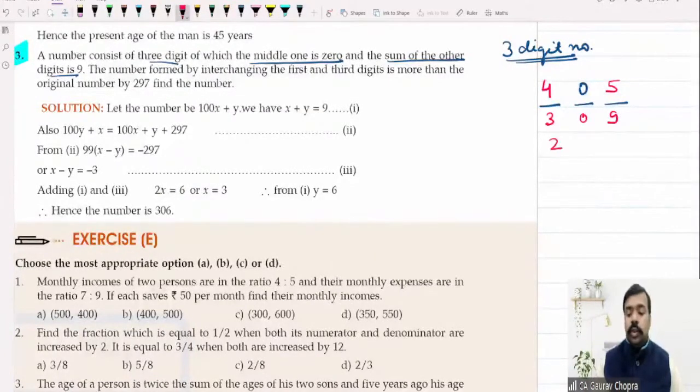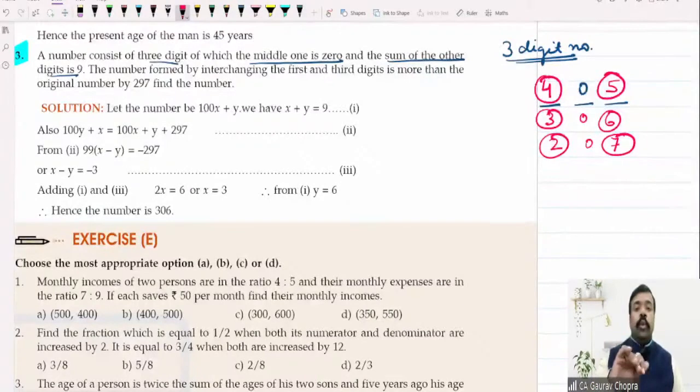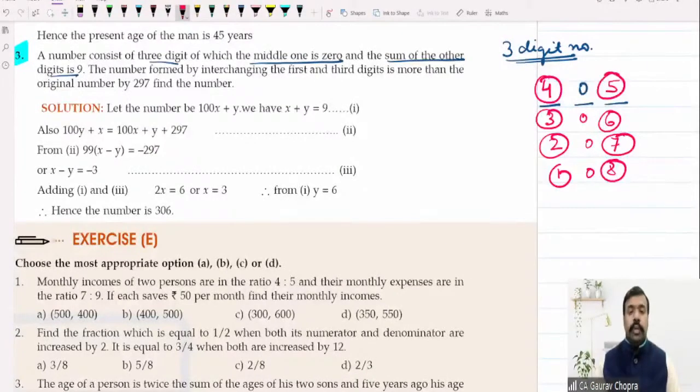If the first number is 2, the other number will be 7, and so on. Because the sum of the first and last digit is 9. So it can be 4 and 5, 3 and 6, 2 and 7, 1 and 8. It can be any combination. So the middle number is known to us, but the corner numbers are not known to us, but we are given the sum.